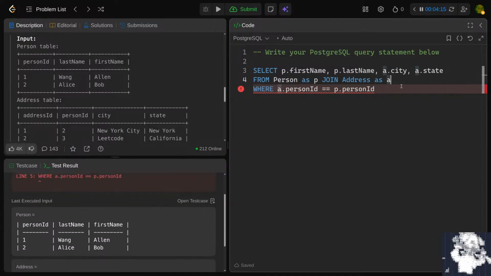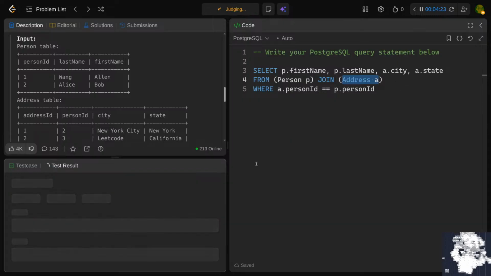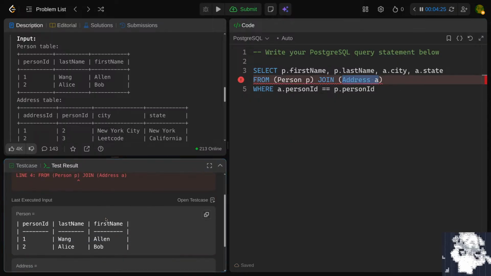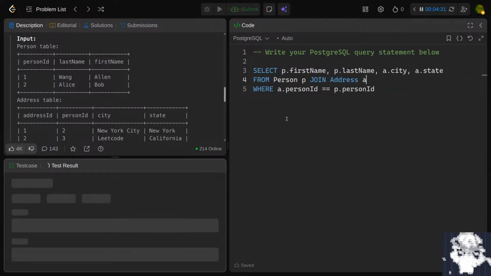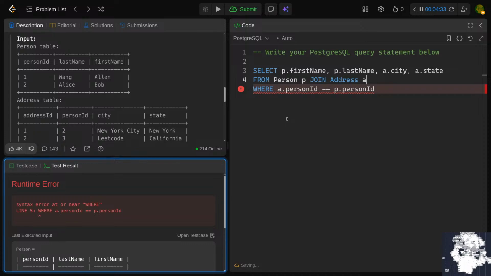So it probably doesn't like these as things that I'm doing. Is it something like this instead? No? Do you just not have parentheses and you just do that? Nope. What if I don't have these?